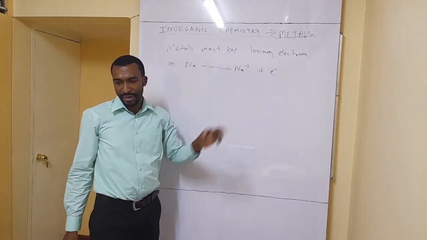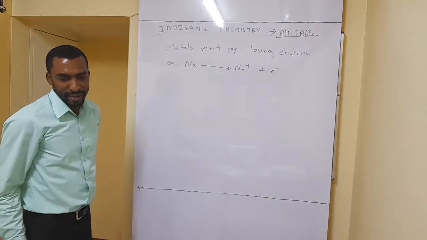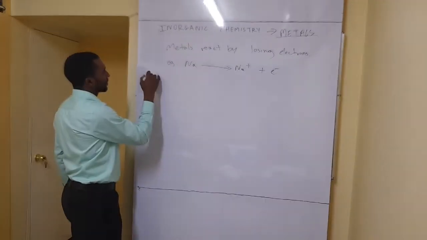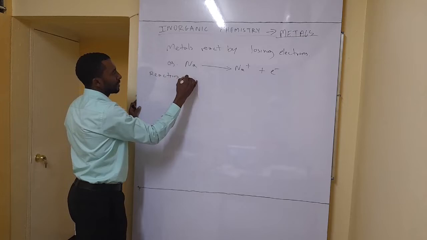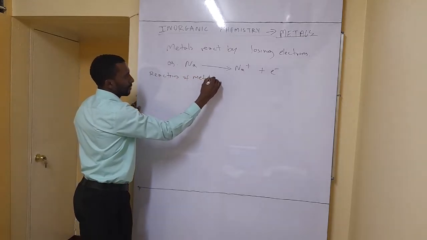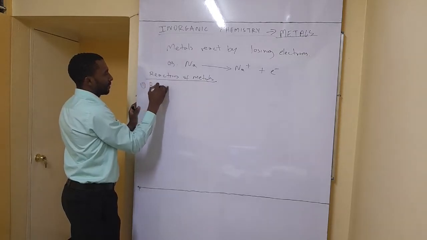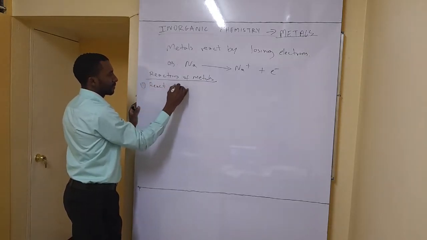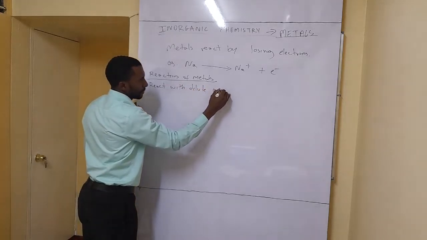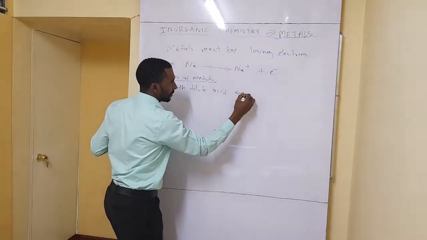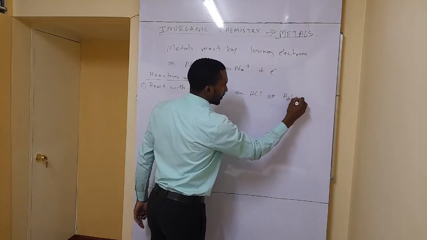Now, when we look at reactions of metals, one: metals react with dilute acid, for example hydrochloric acid or sulfuric acid.